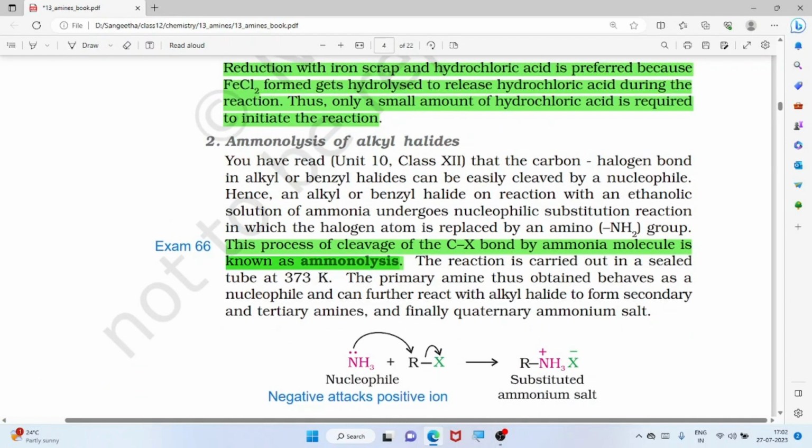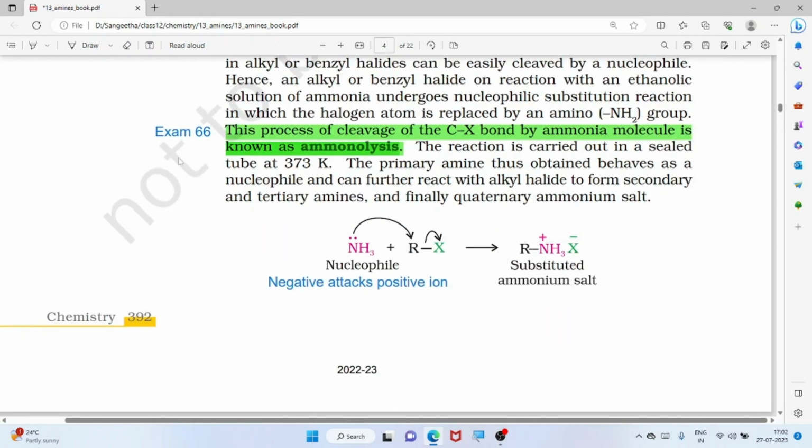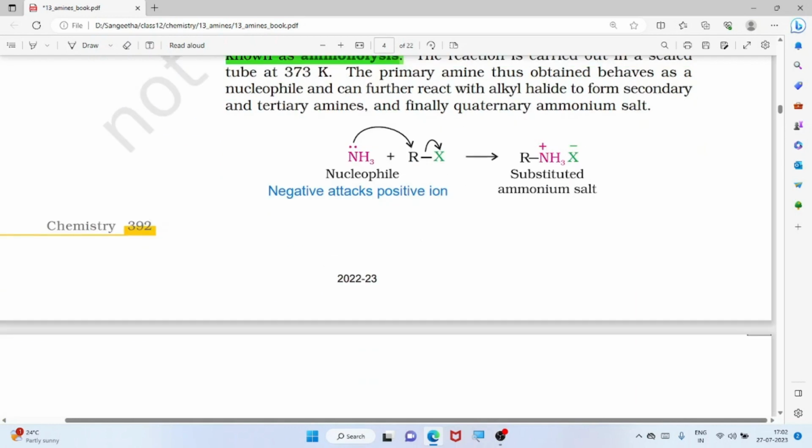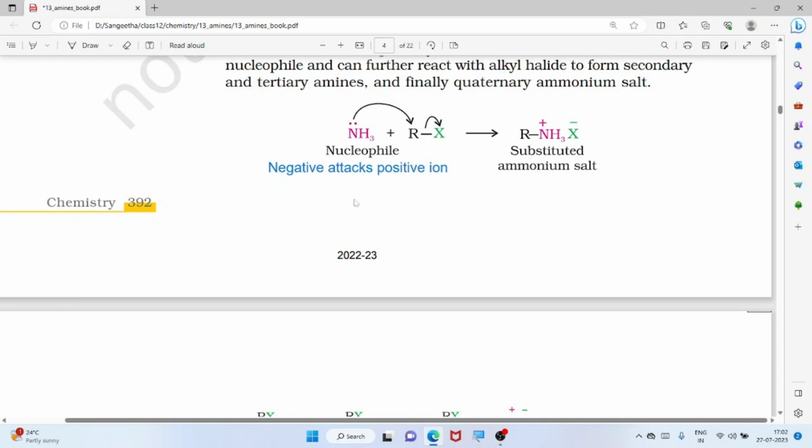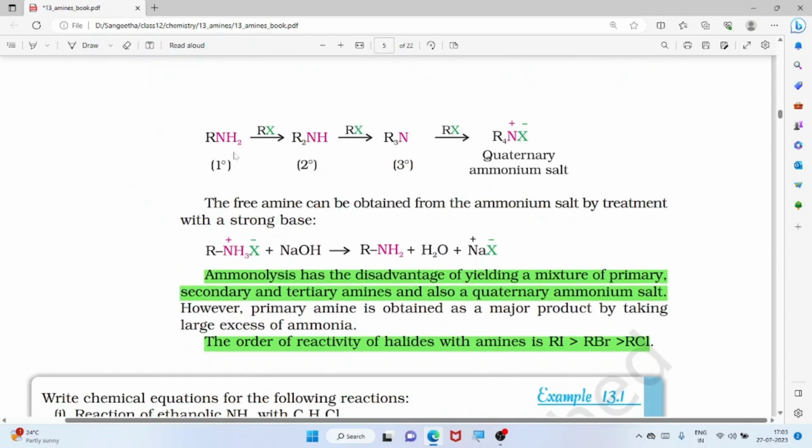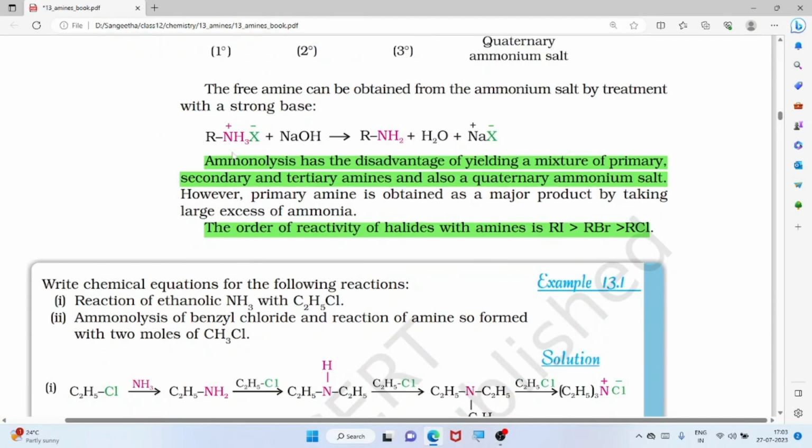Okay, ammonolysis of alkyl halides. This is the second way of preparing amines. This process of cleavage of the C-X bond by ammonia is ammonolysis. This is how it reacts: ammonia acts as a nucleophile, and the negative end attacks this positive carbon, giving a substituted ammonium salt.